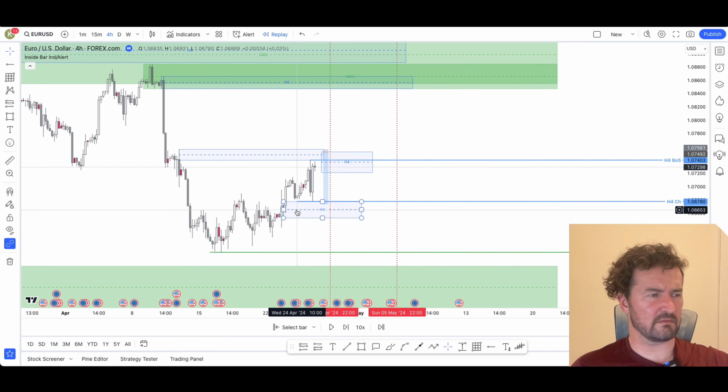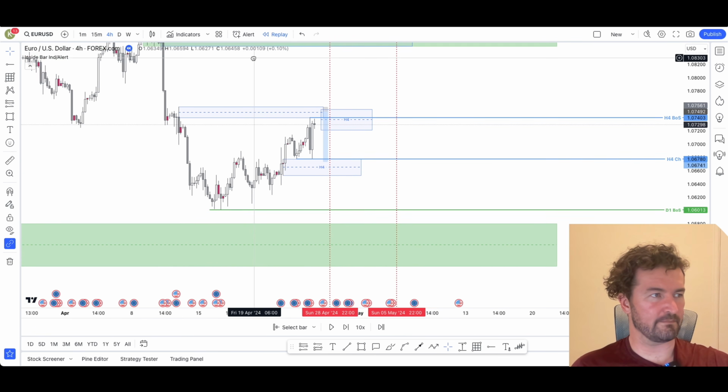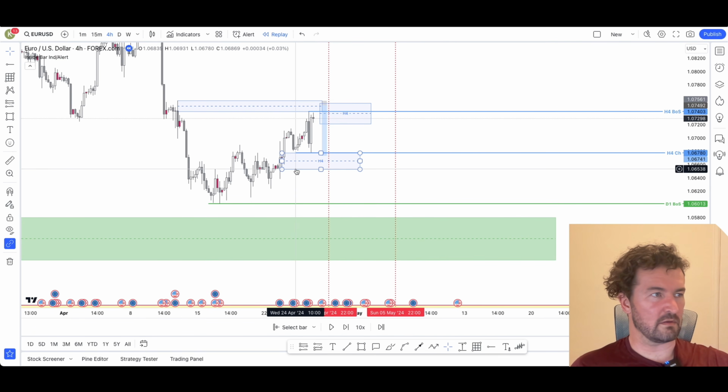Then we came down. I don't remember that breaking. Just checking that. The low was 780 and the low is 784.